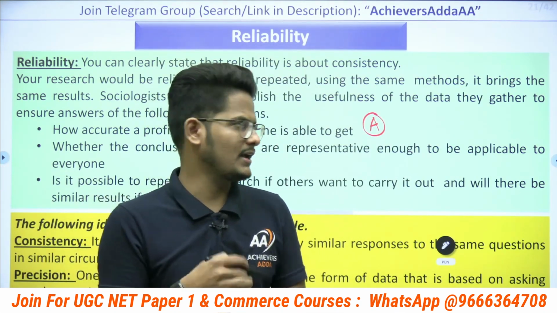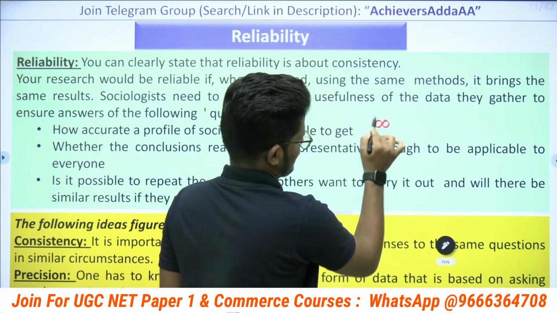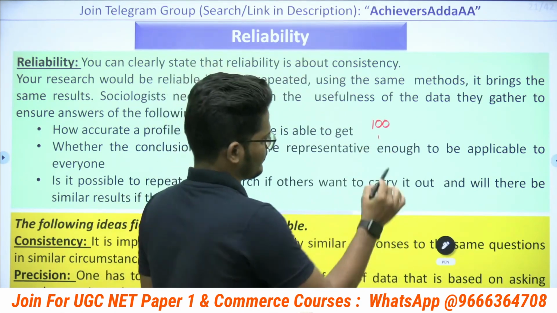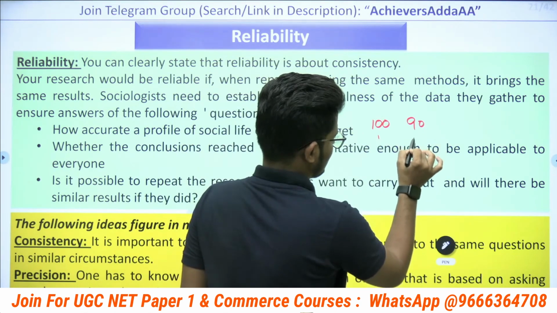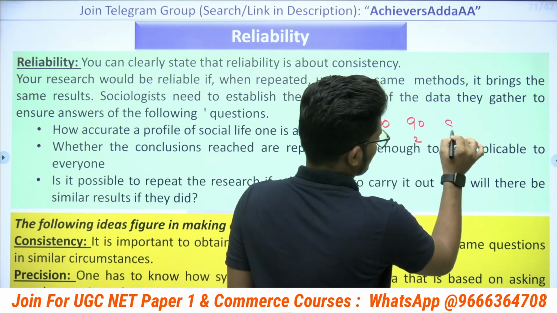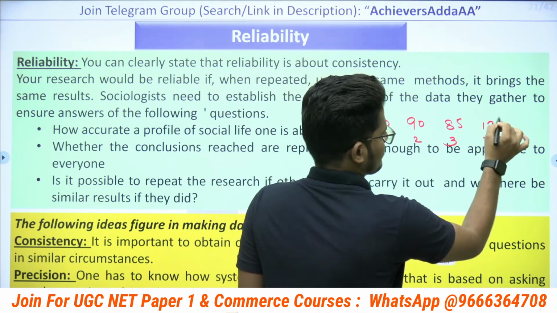He also tested. Suppose the BP is 100 with the first doctor, and when I went to doctor number 2, he gave 90. Doctor number 3 gave 85. Doctor number 4 gave 120.